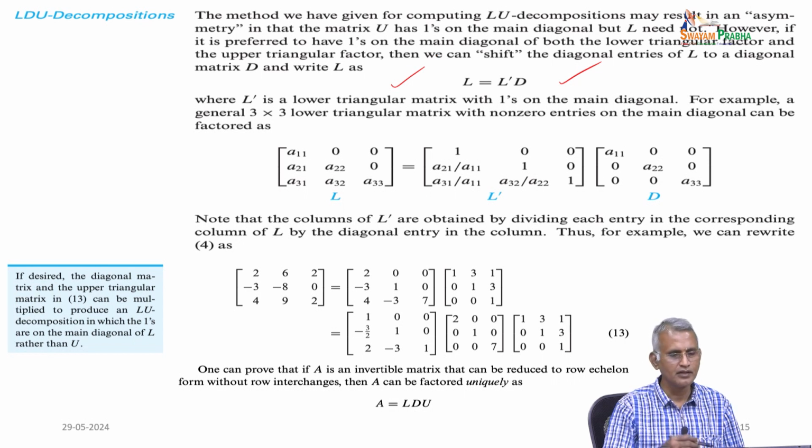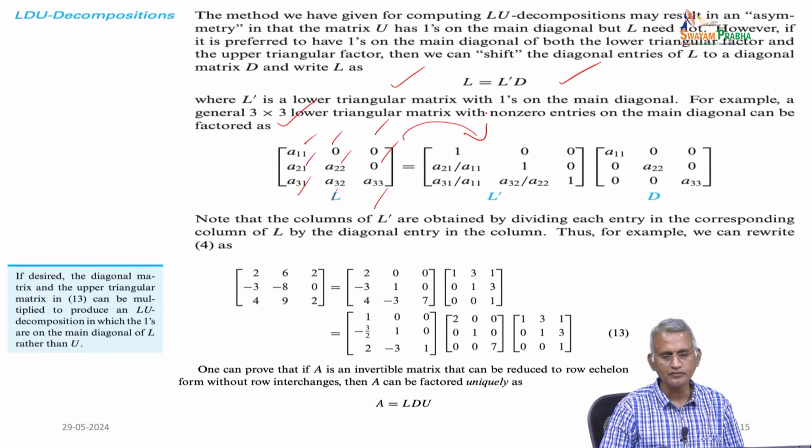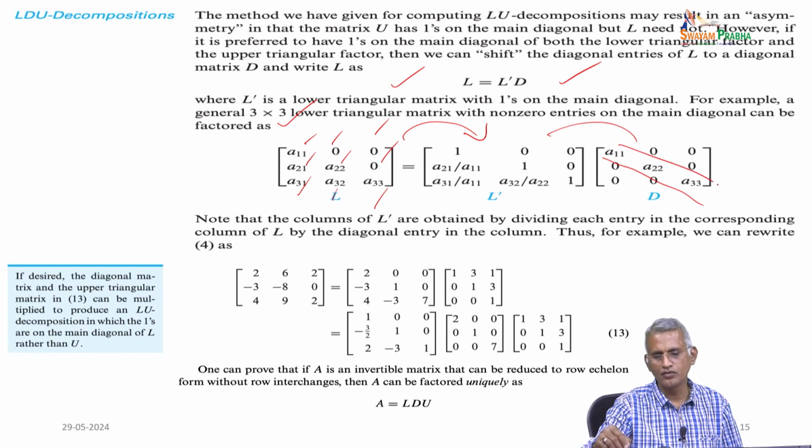For example, a general 3 cross 3 lower triangular matrix with non-zero entries on the main diagonal can be factored as A11 0 0, A21 A22 0, A31 A32 A33 corresponding to 1 0 0, A21 by A11 1 0, A31 by A11, A32 by A22 1, multiplied with the diagonal matrix A11 A22 A33 corresponding to the diagonal.